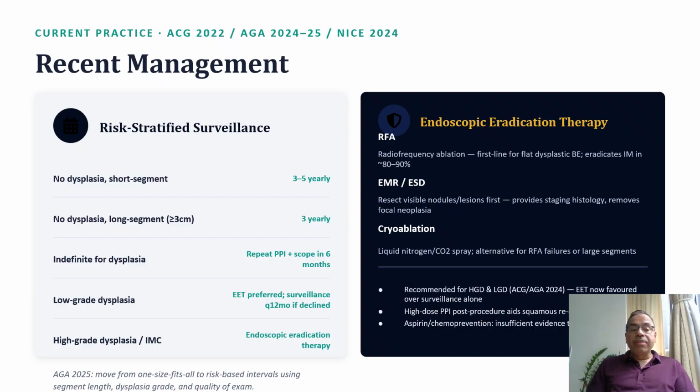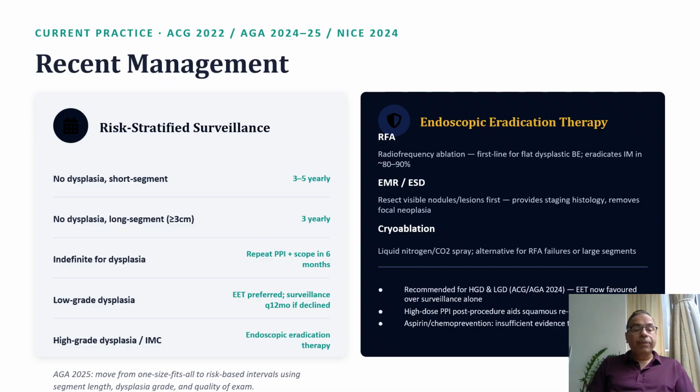Now, what are the recent management protocols for Barrett's esophagus, after having understood the pathophysiology and diagnostic and classification features? First we have to give risk stratified surveillance to patients who have Barrett's esophagus. So we have number one, risk stratified surveillance.